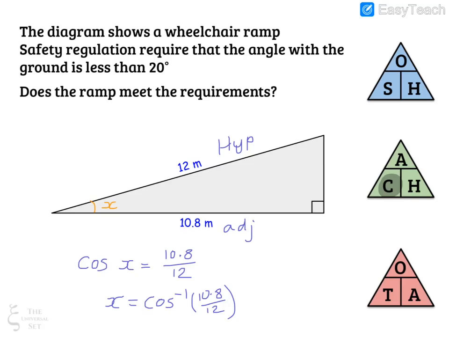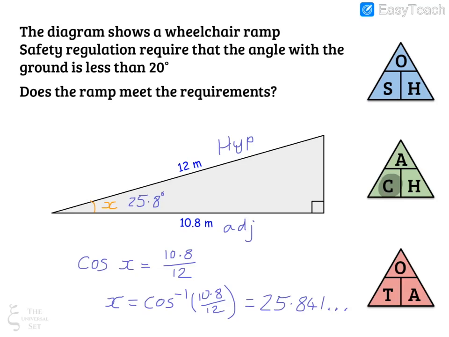And I have got 25.841 and a bunch of other stuff. So that means this angle is, well, nearly 26 degrees, right? It's 25.8 degrees if we're going to one decimal place.